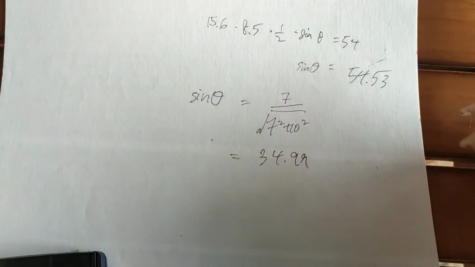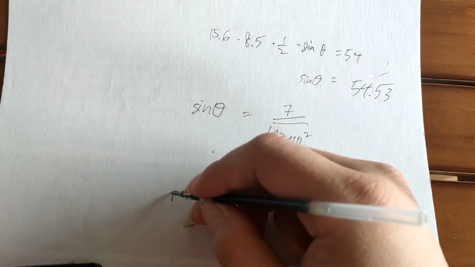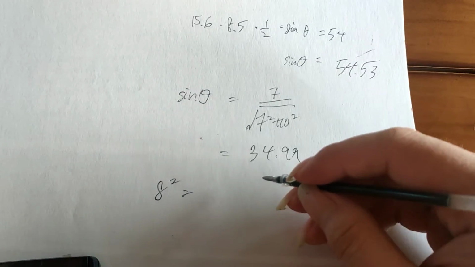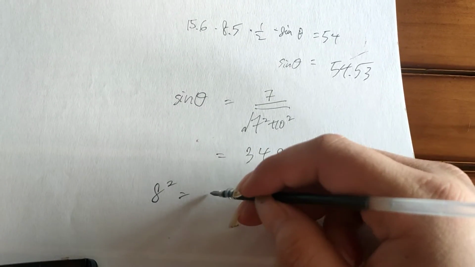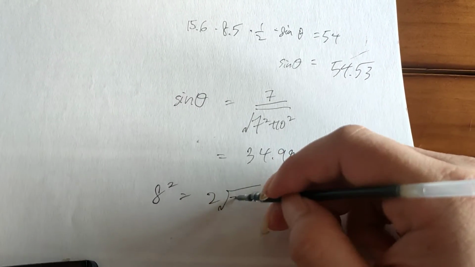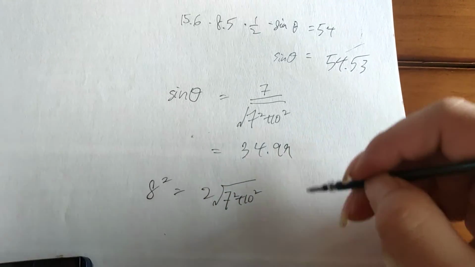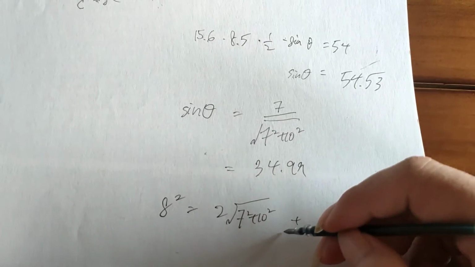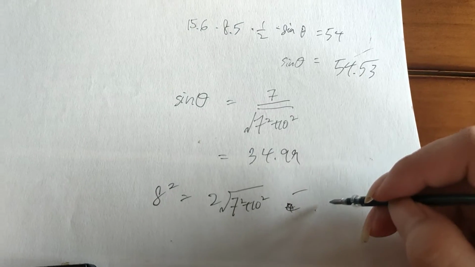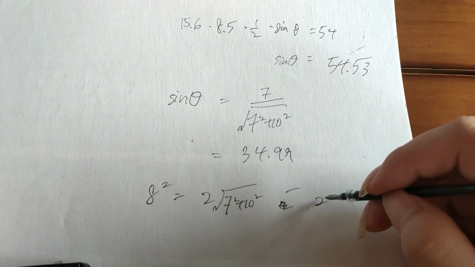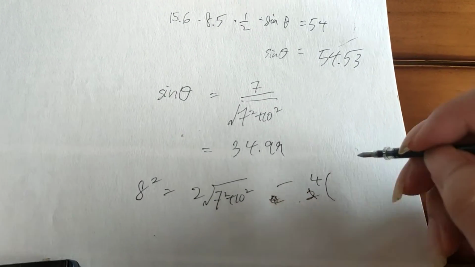And the next question is using the cosine again, this time with 2 of this, and it's not plus, it's minus 2, so it's 4 of this.